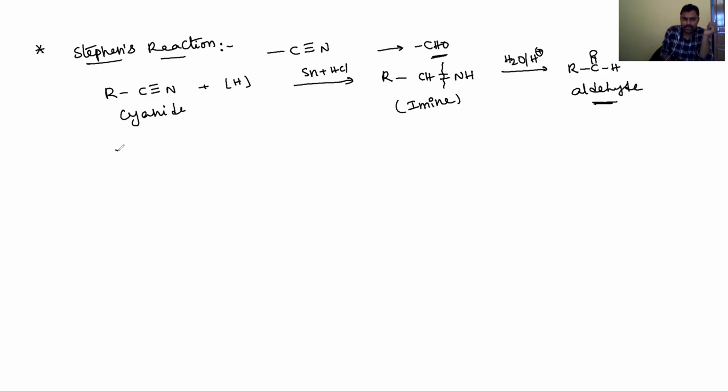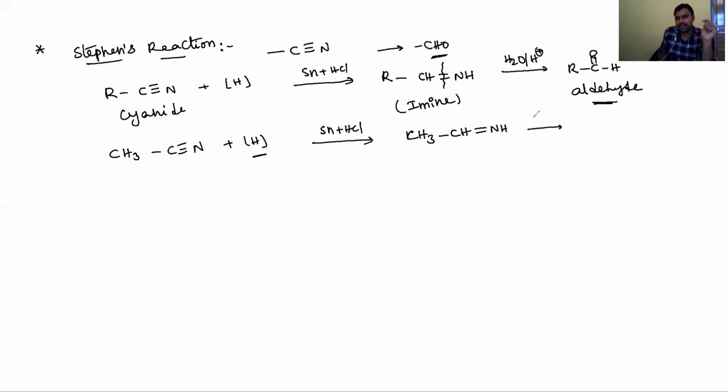For example, if R is a CH3 group, then methyl cyanide on reduction, with nascent hydrogen atoms produced from the Sn/HCl mixture, gives CH3CH=NH, which on further hydrolysis produces acetaldehyde, CH3CHO.